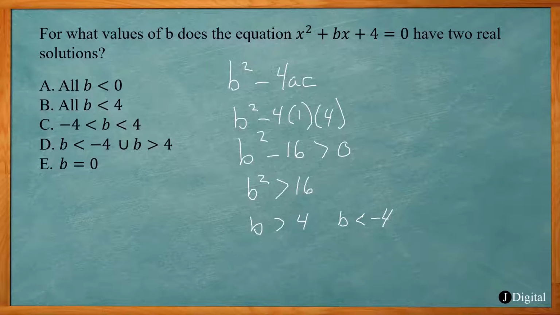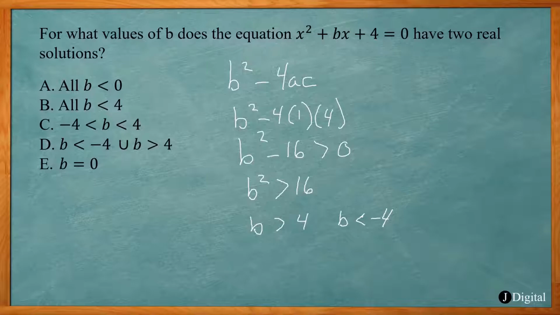As long as b is greater than 4, b squared would be more than 16, which would be more than 0. And if the negative 4 is squared, or something less than negative 4, like negative 5 is squared, that's going to be positive. So positive 25 minus 16 is going to be greater than 0.